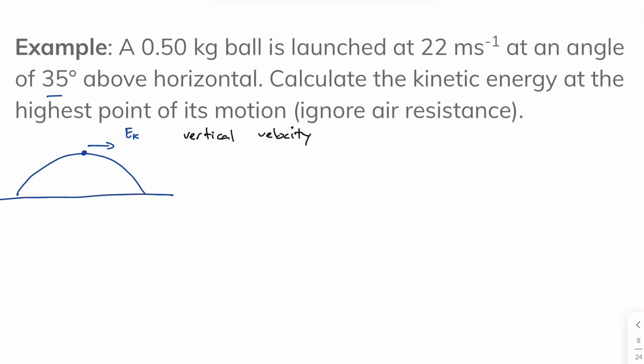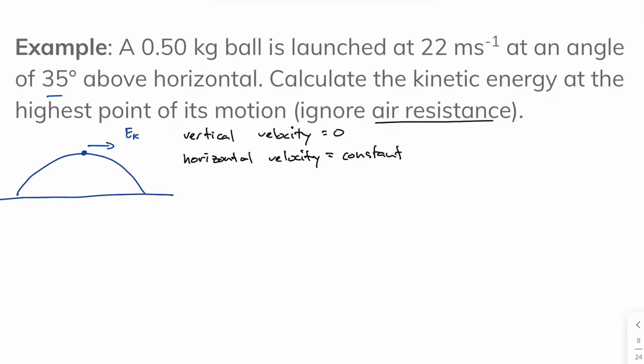So the object doesn't have any vertical velocity, so it wouldn't have any kinetic energy vertically. However, it does have a horizontal velocity, and for projectile motion with no air resistance, horizontal velocity stays constant throughout.